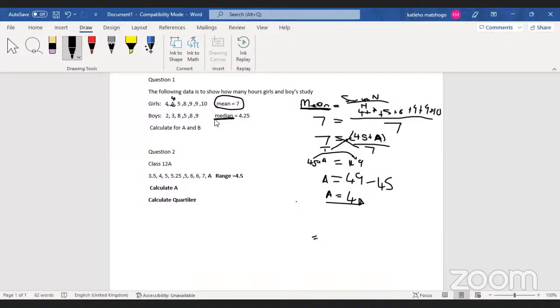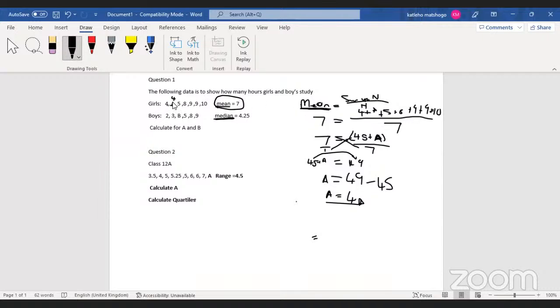You understand? So when you're given something, maybe in your test or exam or any activities that you do, here we are given the mean. So the mean should be a clue that this is what we have to use to calculate for A.